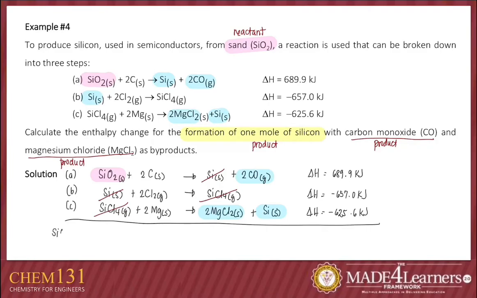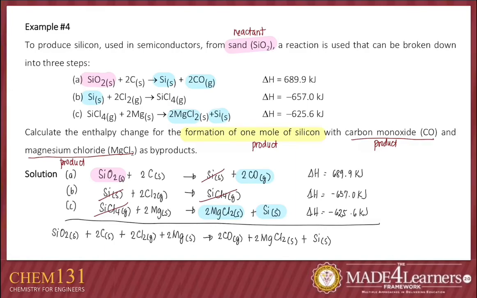We have SiO2 solid plus, carbon cannot be cancelled, right? Nothing cancels carbon, so we will just copy that. 2 carbon solid plus 2 Cl2 gas plus 2 magnesium solid. What remains on the right side is 2 carbon monoxide plus 2 MgCl2 solid plus Si solid.